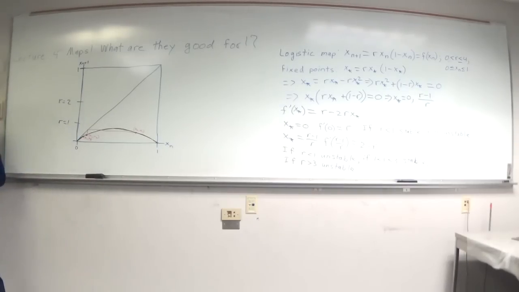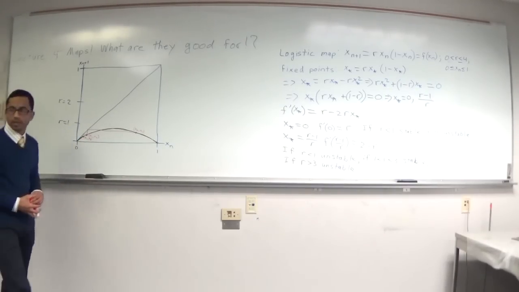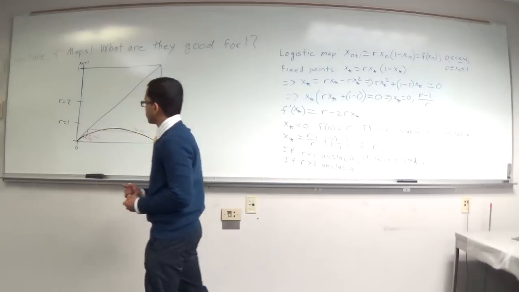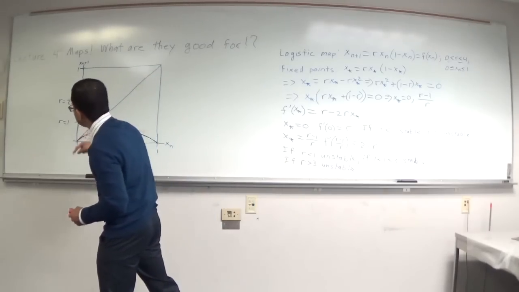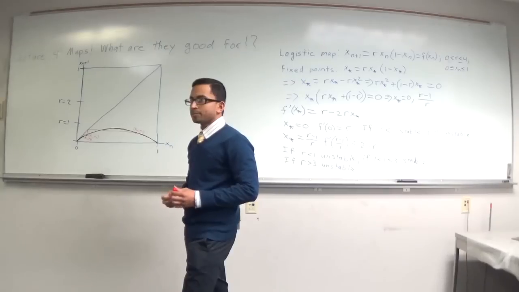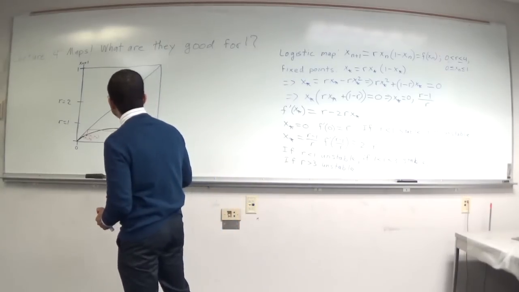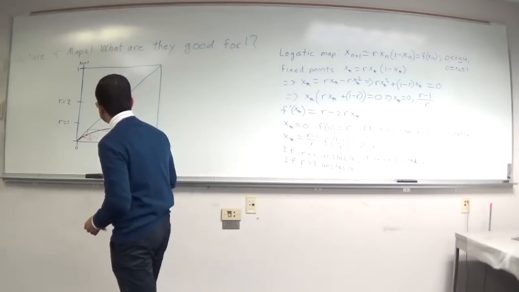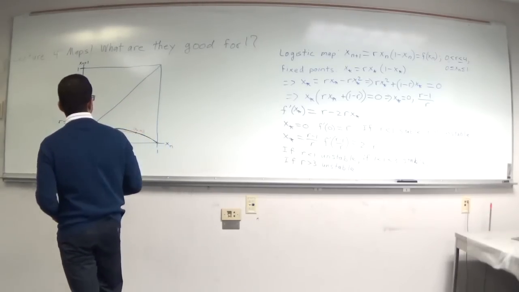Those are the points that we're going to get. So this shows us what happens when r is less than 1. We'll get a better idea when we look at a somewhat more complicated cobweb plot.